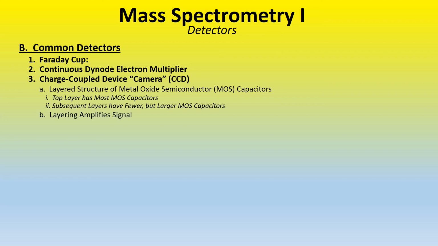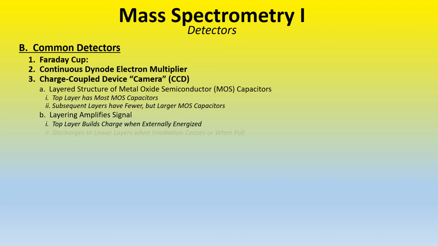This layering amplifies signal. The top layer builds charge when it is externally energized. CCD cameras can be used for mass spec. They're also used for visible light photography, many different regions, many different applications.